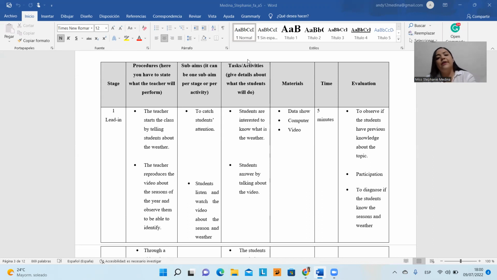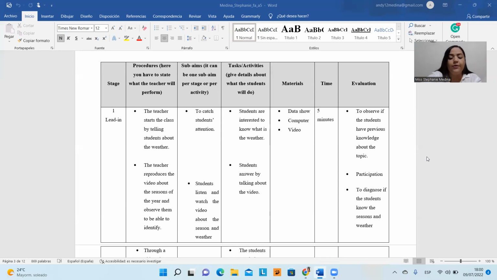In this part, the students are interested to know what the weather is, and the students answer by talking about the video. The materials for this are only data show, computer, and video, in the time of 5 minutes.